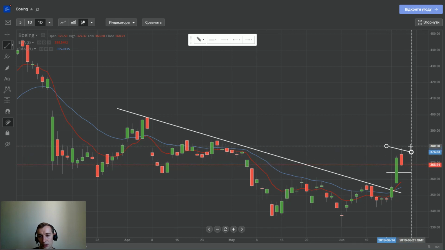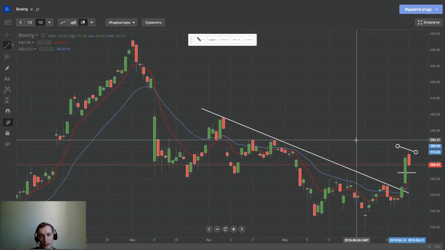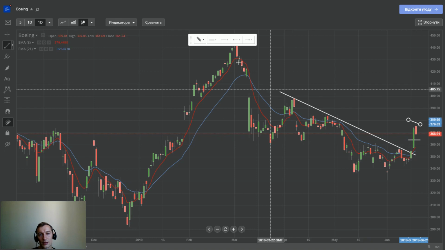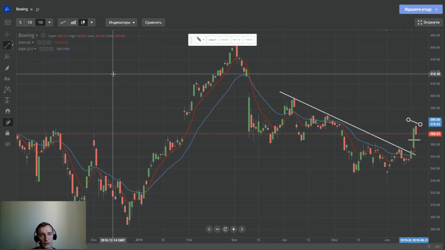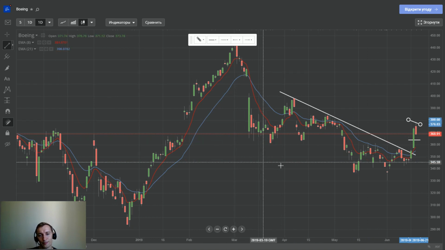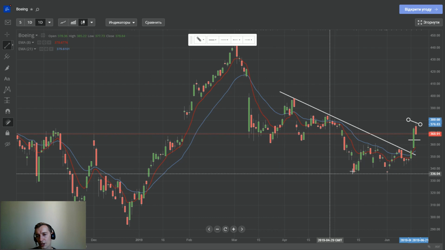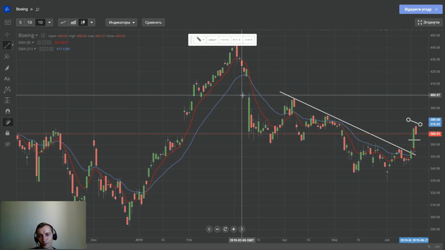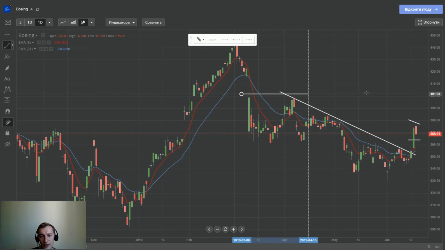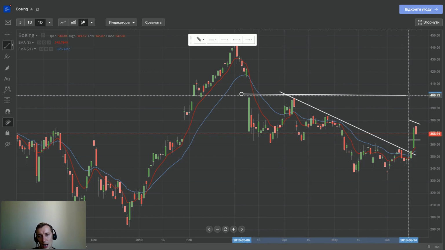Maybe we will continue above 380 and higher, because you can see that Boeing was hurt by this 737 MAX crash, and of course now the Commission still wants to check everything just to be sure that everything works well.